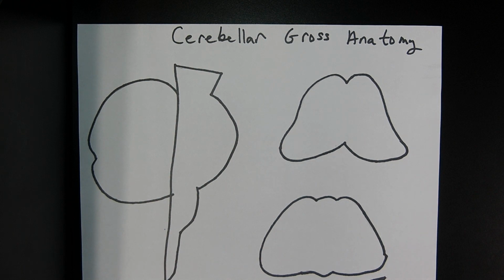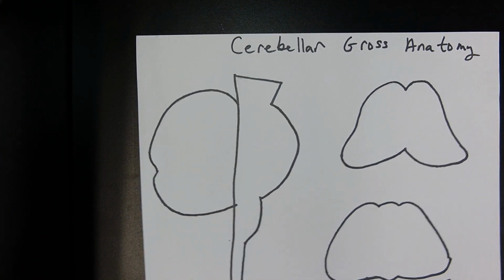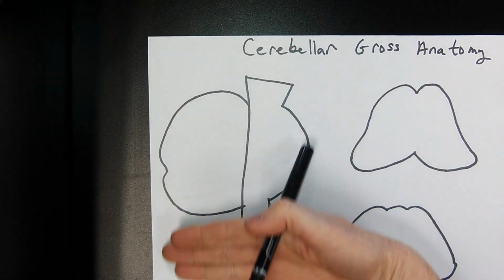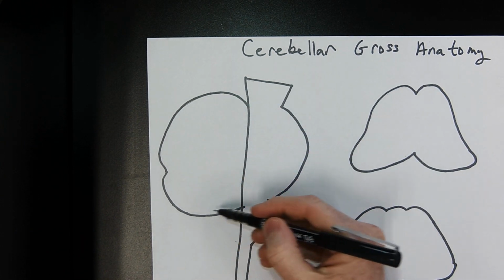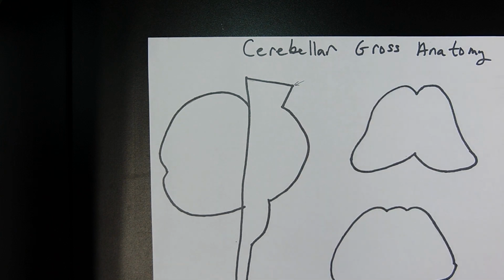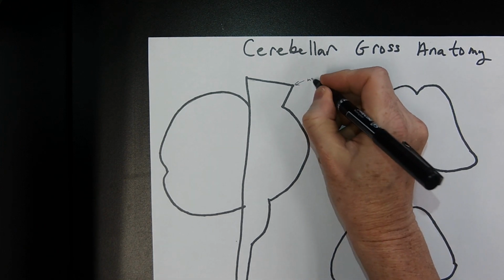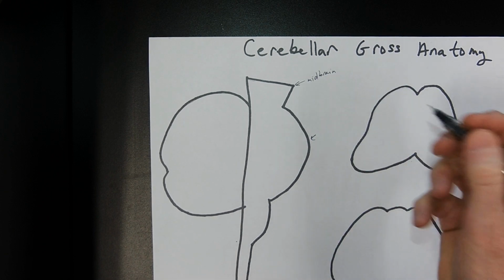So let's go ahead and start out on this left side of the page. And what you're looking at here is just a straight sagittal section. Only this is the brain stem, and back here is the cerebellum. Okay, so the uppermost part of the brain stem, what's that one called again? Midbrain, good. And then the middle part, pons.